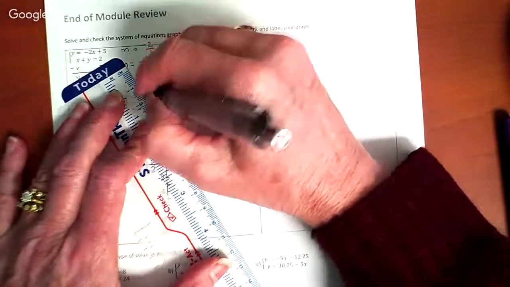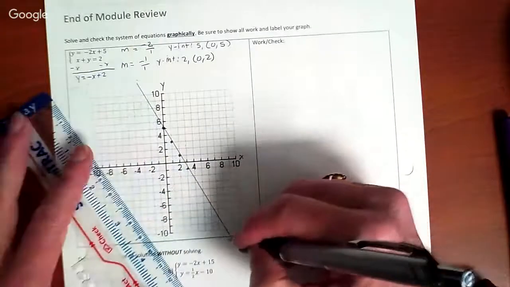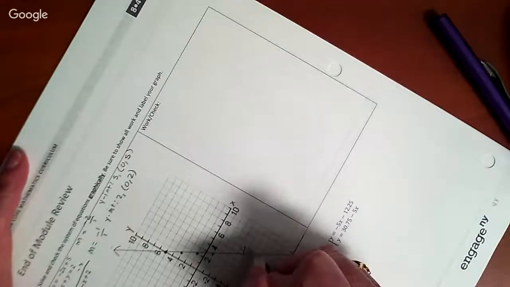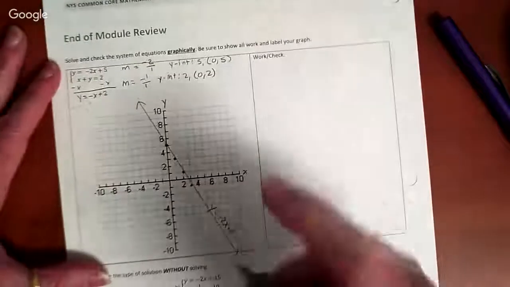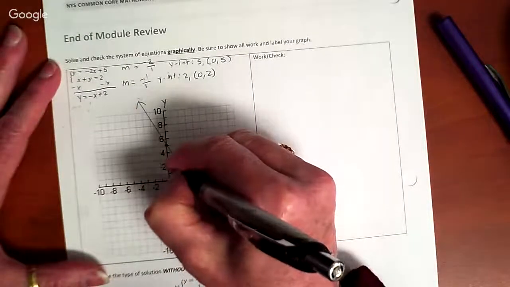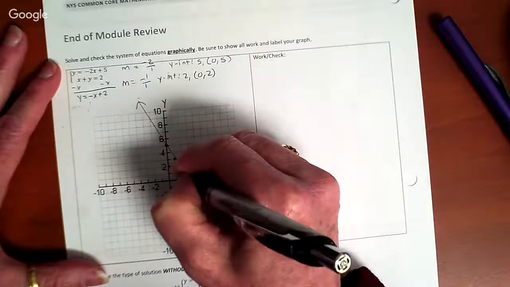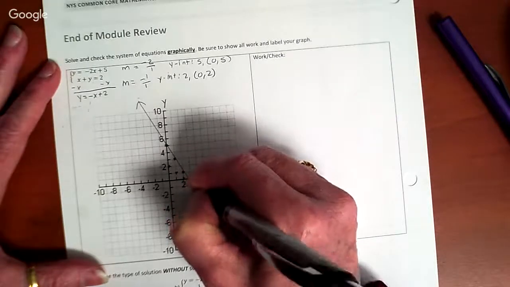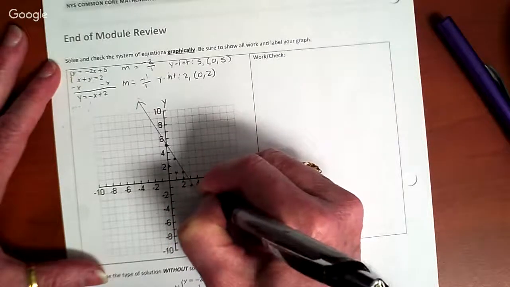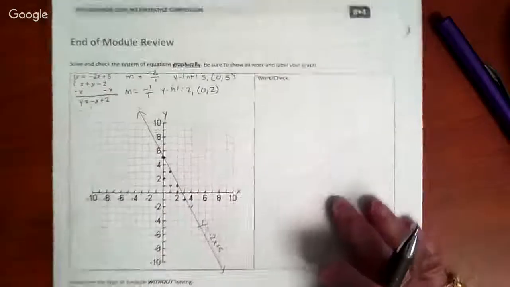So now we've got my first line here. Remember to go through the axes. So here I've got y equals -2x plus 5. And the other one is at 2. And we go down 1 and over 1, down 1 and over 1, down 1 and over 1, down 1 and over 1. Okay.